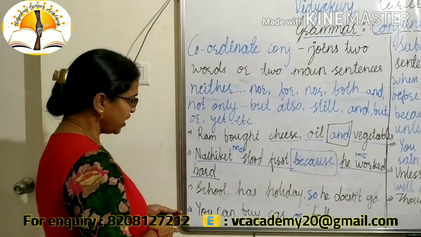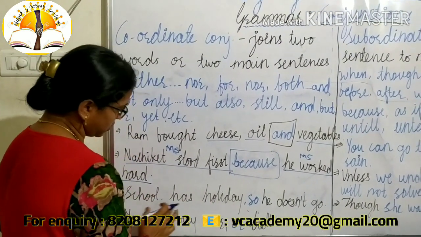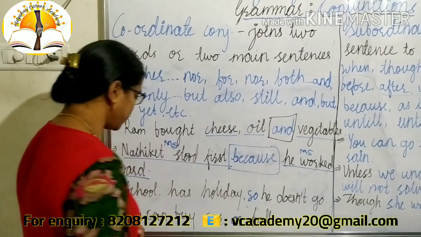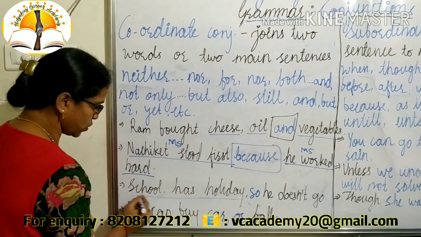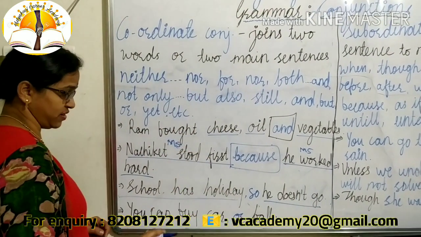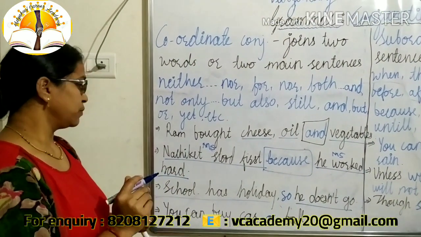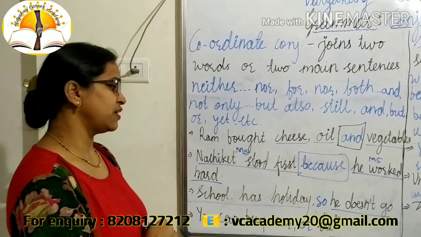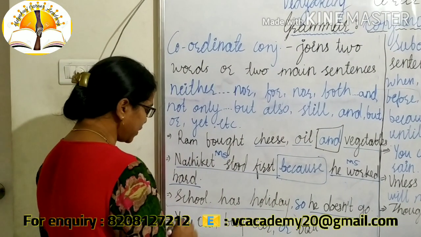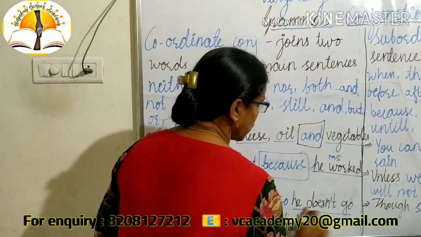Now, the next sentence. School has holiday, so he doesn't go. School has holiday is a main sentence. He doesn't go is also a main sentence. Both are main sentences, but these two sentences are joined by the word so.